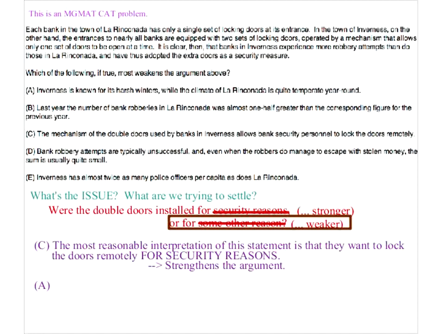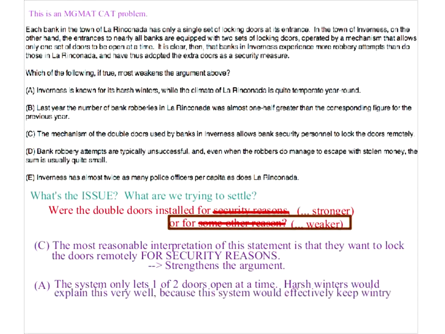Yeah, weather has nothing to do with security, and harsh winters give you a very good reason not to want your doors open. The system only lets one of two doors open at a time, so harsh winters would explain this very well, because this system would effectively keep wintry weather out.